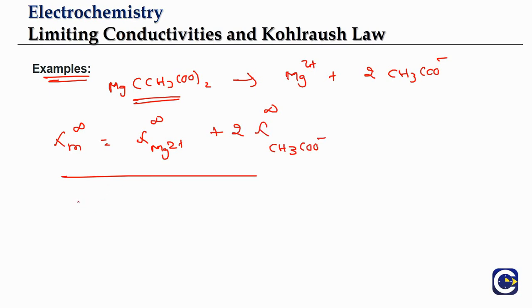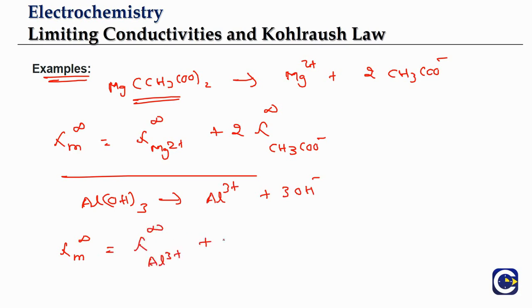Similarly, if we have, for example, aluminum hydroxide, Al(OH)3, if it is dissociating we will get 1 aluminum ion and 3 hydroxide ions. So the limiting molar conductivity of Al(OH)3 will be the limiting conductivity of the aluminum ions plus 3 times the limiting conductivity of the OH ions.